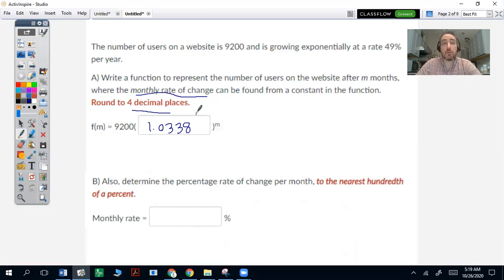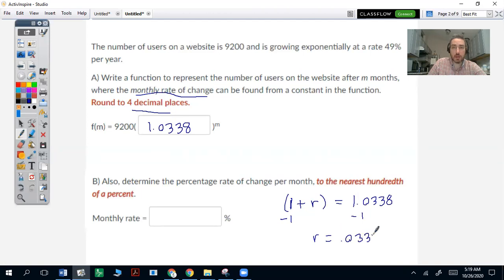So once I have that number, I can figure out what the percent is. Remember that in an exponential growth function, it's still 1 plus the rate. So if I look at this 1.0338 and I subtract the 1 from that, my rate is going to be 0.0338.